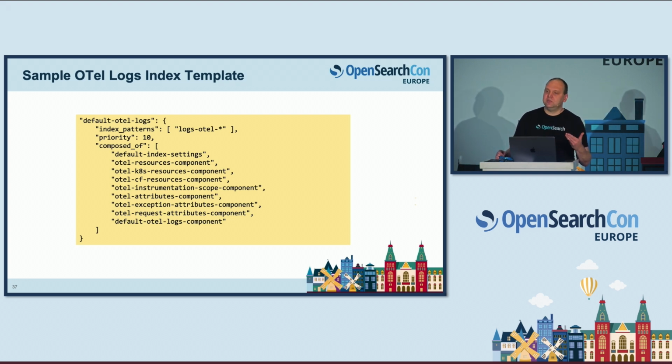And then I added two specific resource components, one for Kubernetes, one for Cloud Foundry. You can look up the Cloud Foundry semantic conventions on the OpenTelemetry site to see why I did that. So just as an example, this is how I would add specific resource components. Why did I add the Kubernetes one? In the Kubernetes resource convention, you can have labels that were attached to Kubernetes pods.